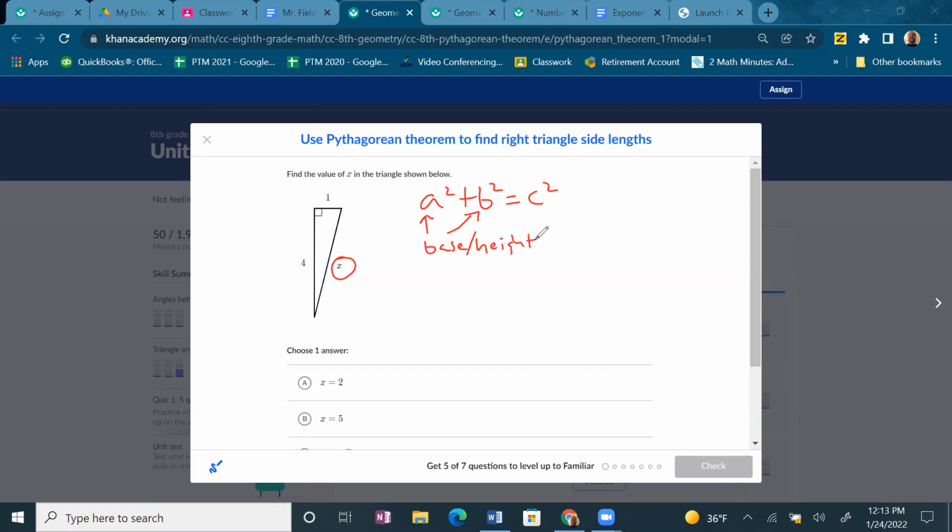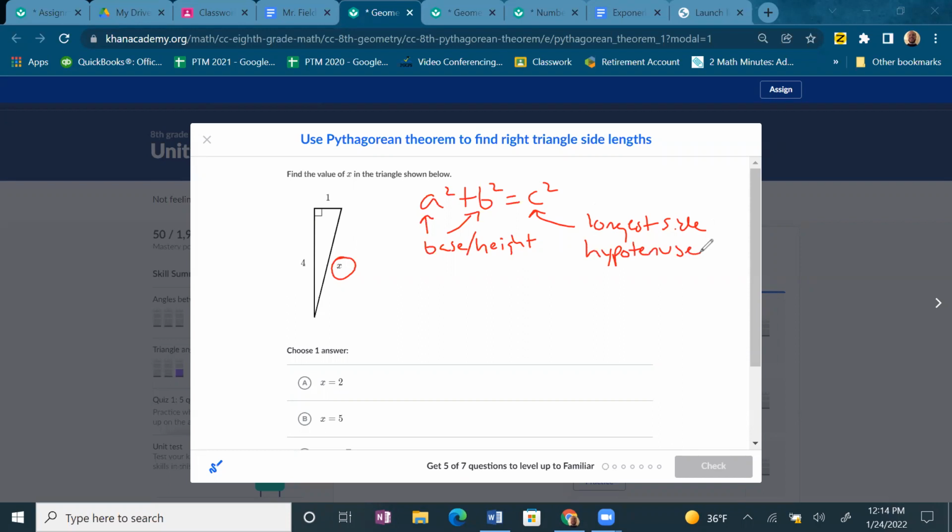If we want to, we could just always call b the base and a the height, but it really doesn't matter. It just matters that c is the longest side, which has a special name called the hypotenuse.